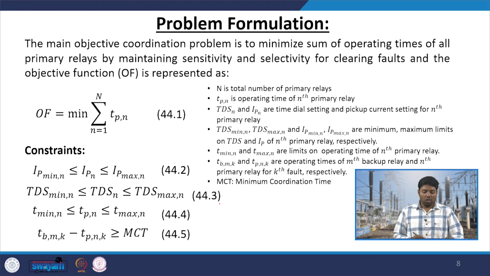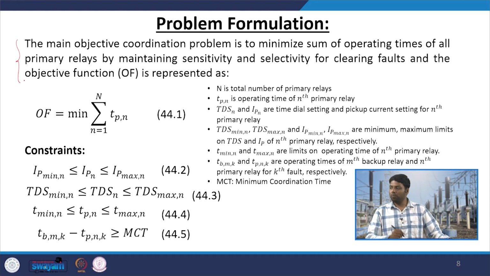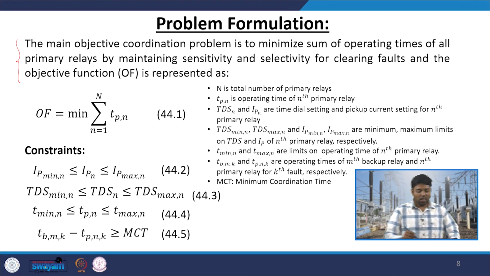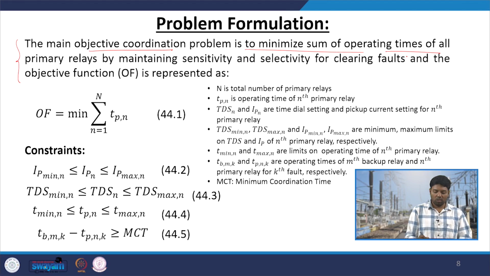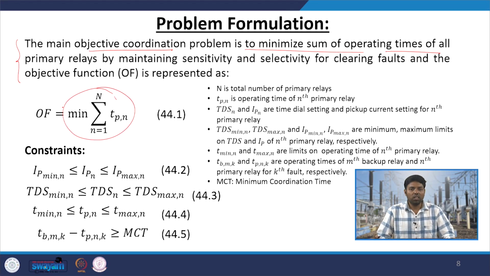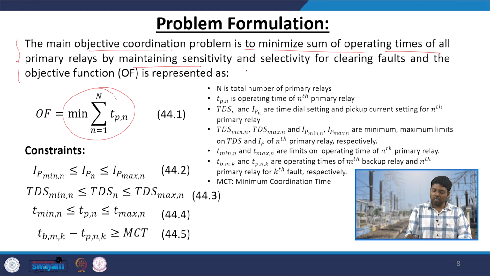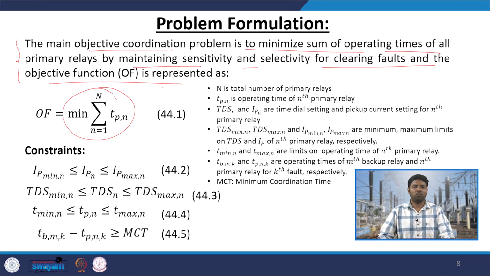So, your overcurrent relay coordination problem looks like this. The objective of the coordination problem is to minimize the sum of the operating time. You can see the objective is to minimize the total operation time of the primary relay by maintaining sensitivity and selectivity of clearing faults, and the objective function is as follows.